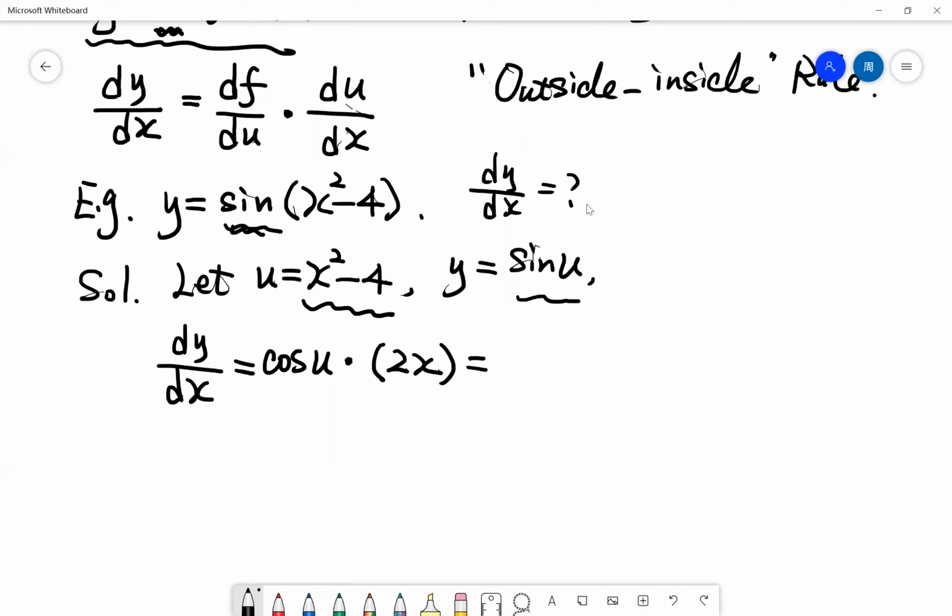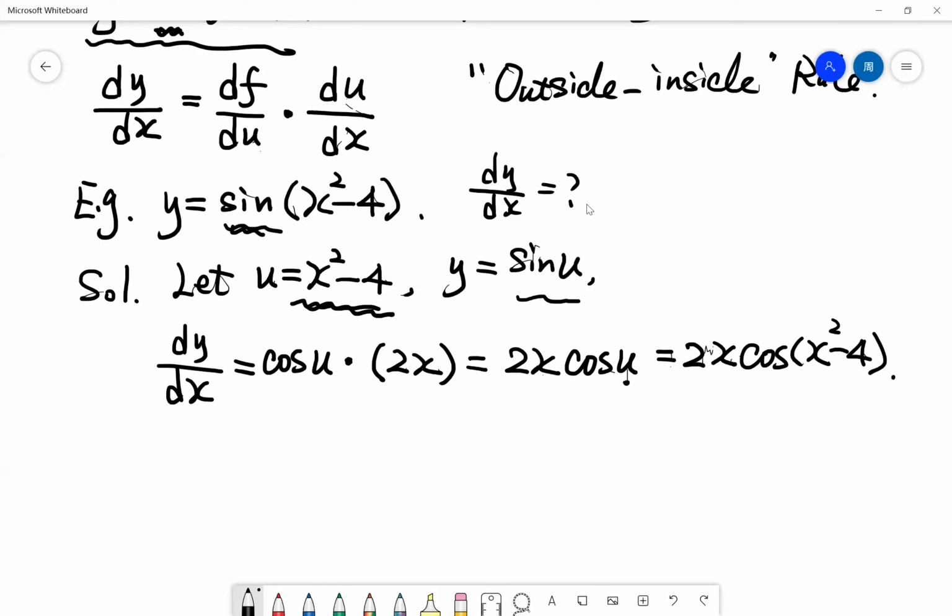So that equals 2x times cosine u. And don't forget to substitute u back, where u equals x squared minus 4. So that equals 2x cosine of x squared minus 4.